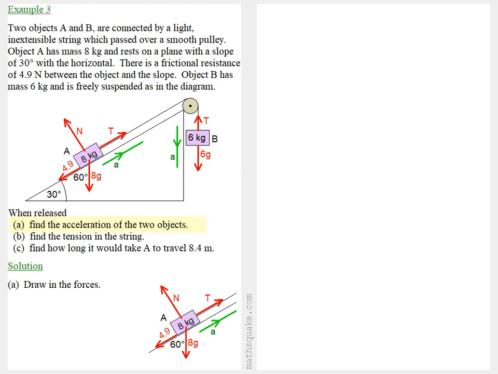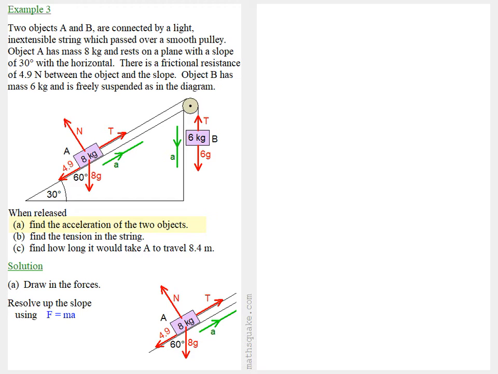Let's consider particle A on its own. Well, we can resolve up the slope using F equals ma. Note, when we resolve the weight of the object down the slope, it's the weight of the object times the cosine of the angle between the direction of the weight and the direction of the slope. This is 60 degrees.